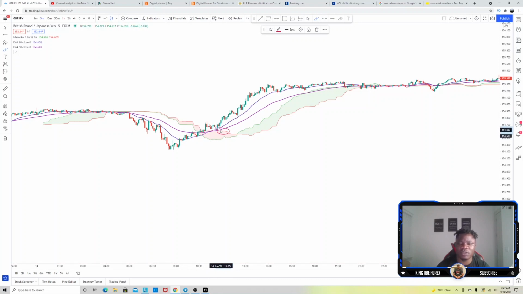I'm going to put this in replay mode, and I'll show you guys where your entry would have been for this trade. Put this in replay mode, and let's take a look. I'm going to start from right here, right before we had the pullback.